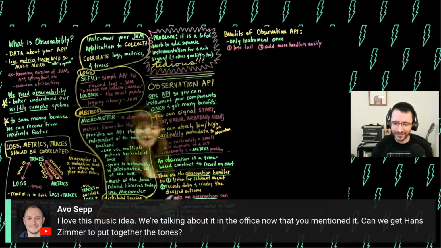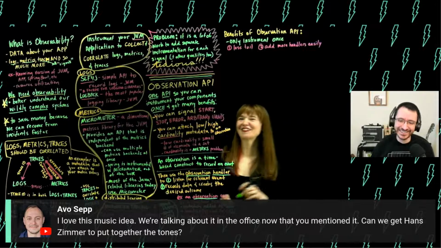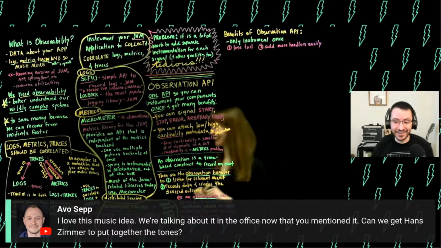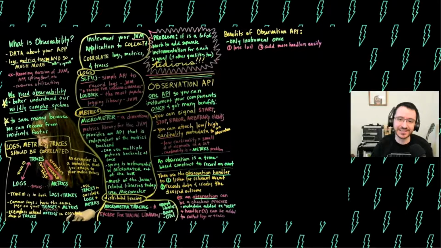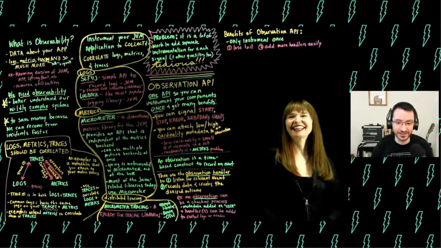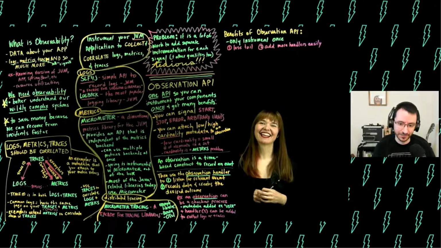Bo's question is more, can we get Hans Zimmer? Can we get a famous composer in to give us some DevOps music? I hope I have a good answer to this. I did the demo for the observation API, and this music demo especially, back in April at DevNexus. One of my friends, Erin Schnabel, you know her.